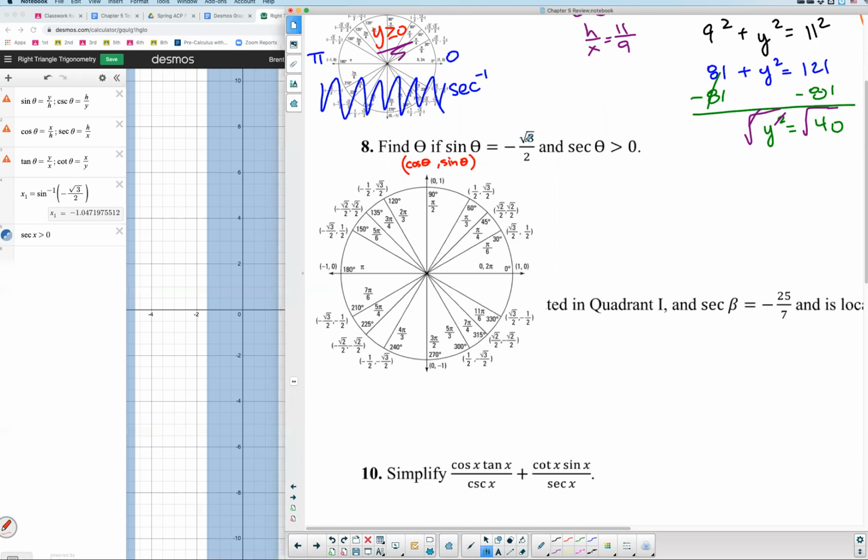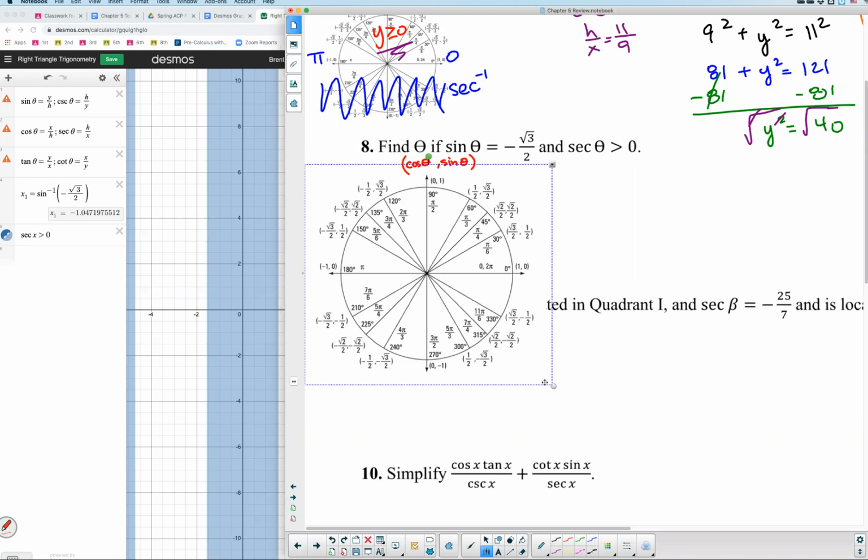So negative square root of 3 over 2. You're looking in the y portions. So this is my y-axis. So I'm looking down low. It looks like it's these two. The answer is either 4 pi over 3 or 5 pi over 3. One or the other.